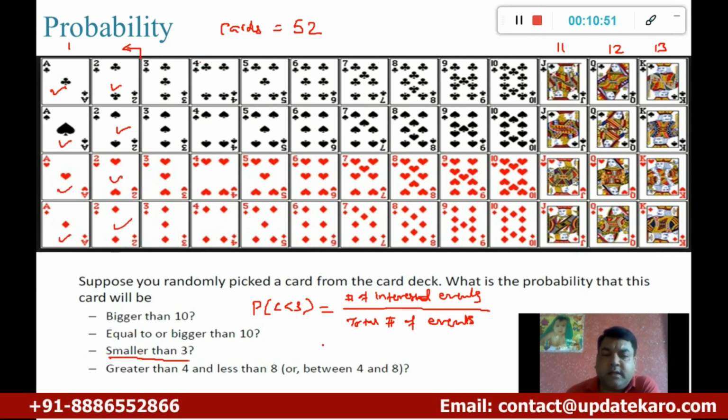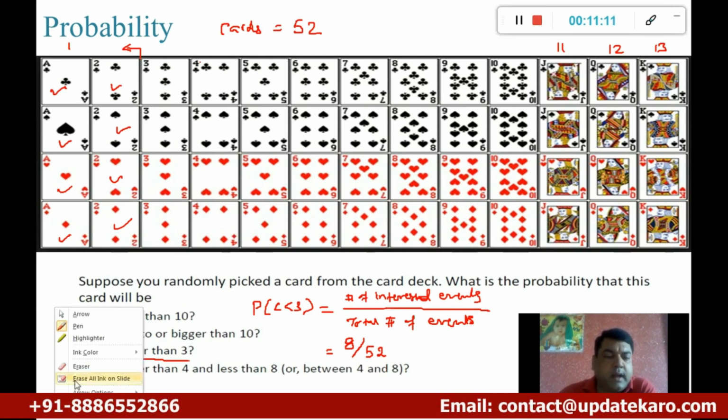So I am interested in these 8 cards. So my number of interested events becomes 8, divided by how many total events are possible? Again, the total number of events possible is 52, because if I randomly pick a card, all 52 cards may get picked by me. And now let us understand the final example.